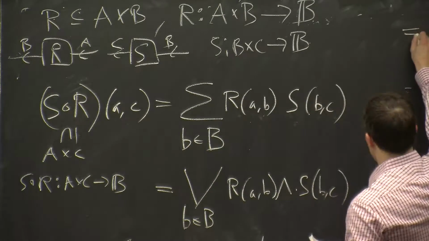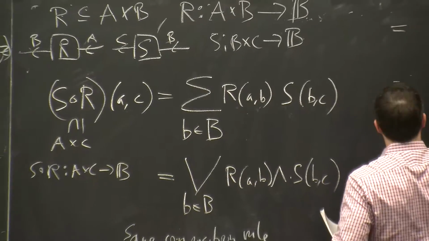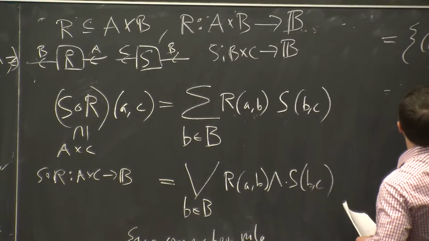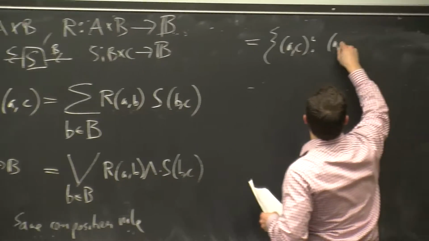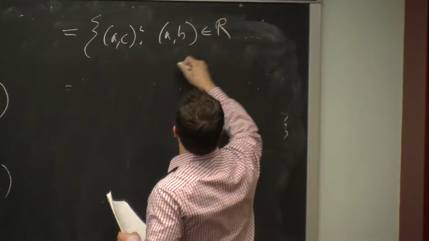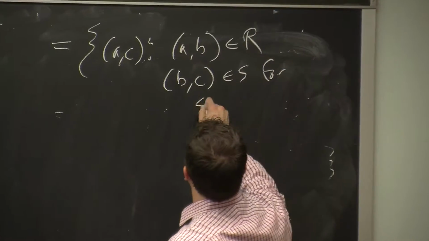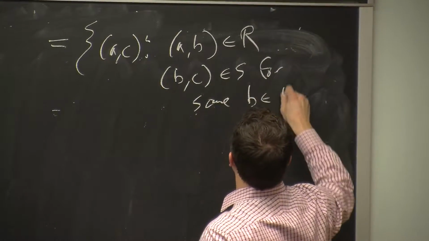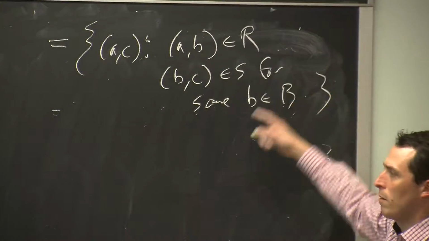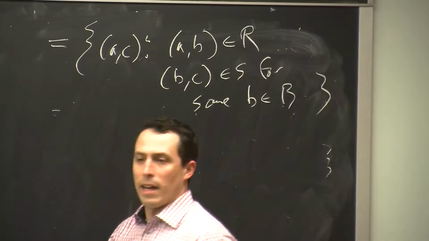That is equal to pairs A comma C such that AB is in R and BC is in S for some B in B. The sum is what becomes the OR, and the product is the AND.